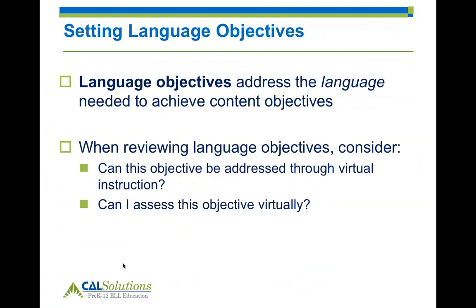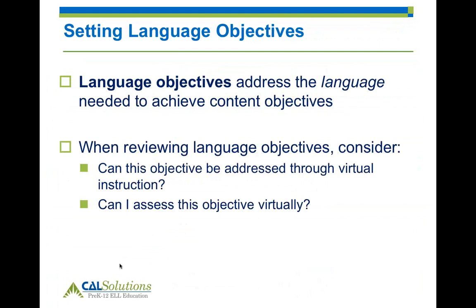So what are the language demands of a particular content function? And when you're thinking about language objectives and language development, you may want to consider, assuming you have those laid out and maybe modifying them, can this objective be addressed through virtual instruction? And then can I assess this objective virtually and how?